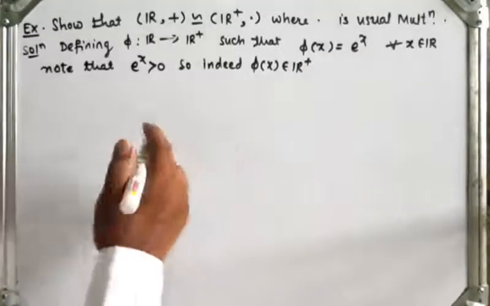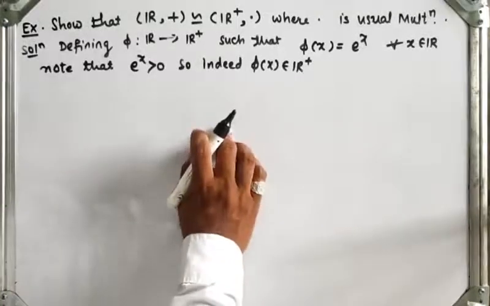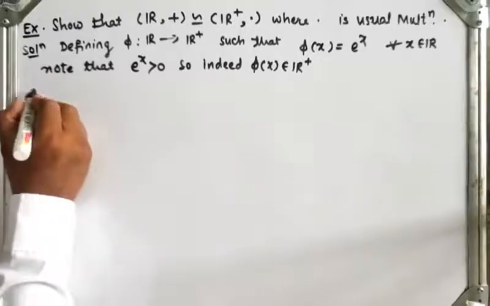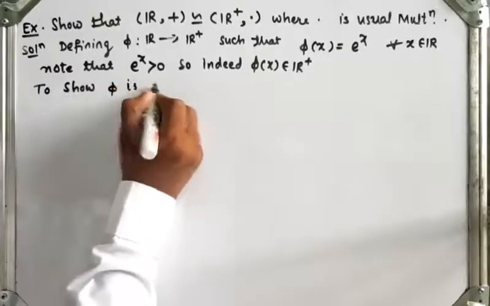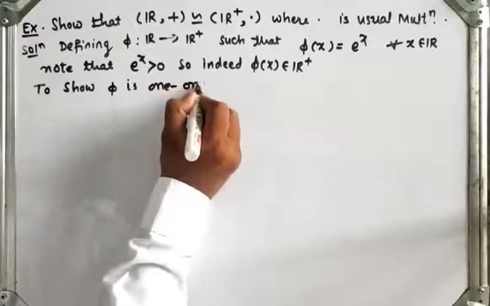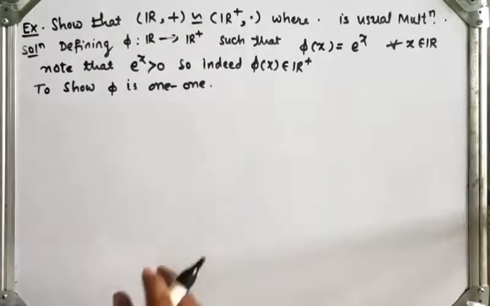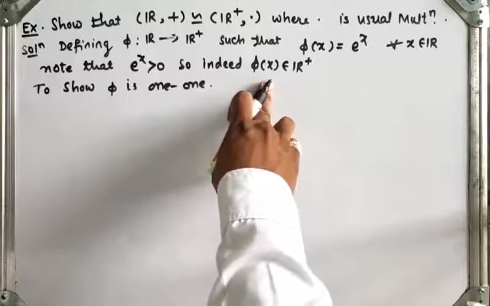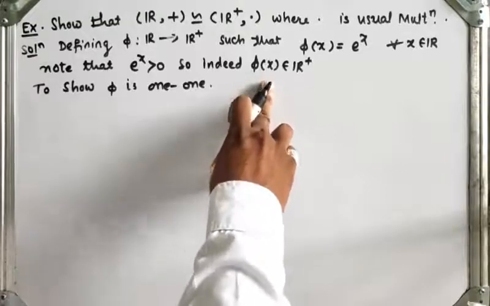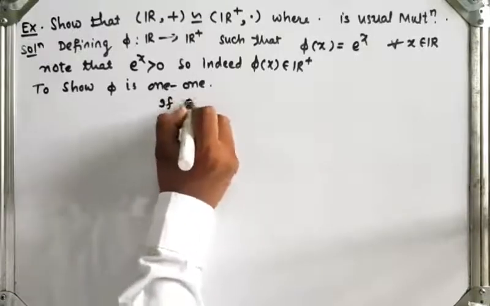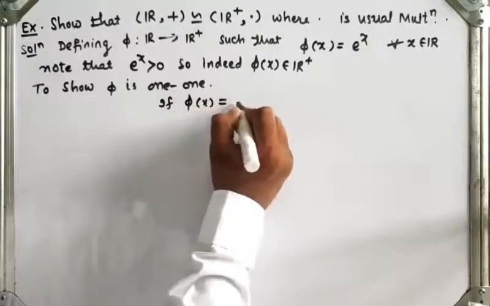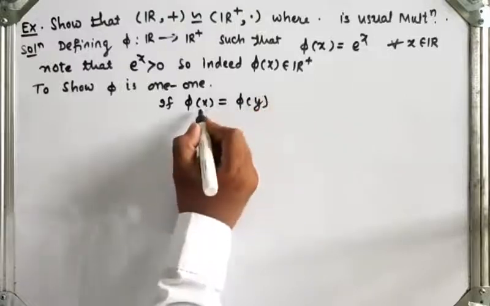Now first we have to show that phi is one-one. So how to show? If phi of x is equal to phi of y, then show that x is equal to y.